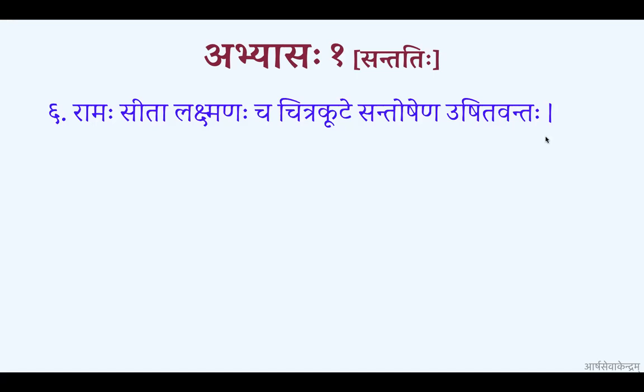So वस् धातोः तवतु प्रत्यय is उषितवान् पुंलिङ्गे, उषितवती स्त्रीलिङ्गे. उषितवन्तः बहुवचन प्रथमाविभक्ति. स्त्रीलिङ्गे किं भवति? उषितवती, उषितवत्यौ, उषितवत्यः. नदी शब्दवत्. उत्तमम्. So this is the क्रियापदम्.